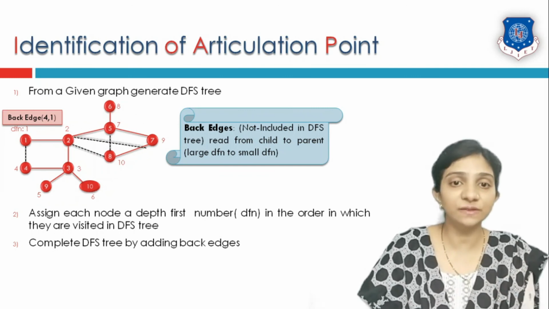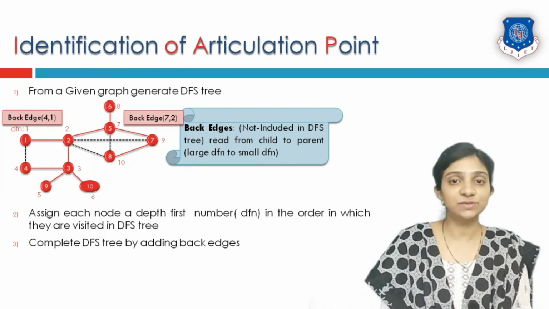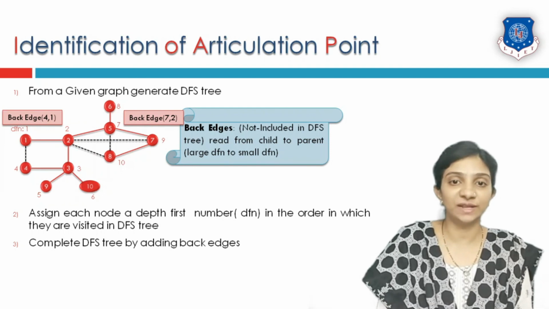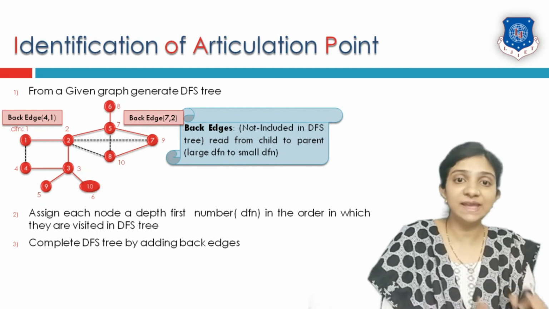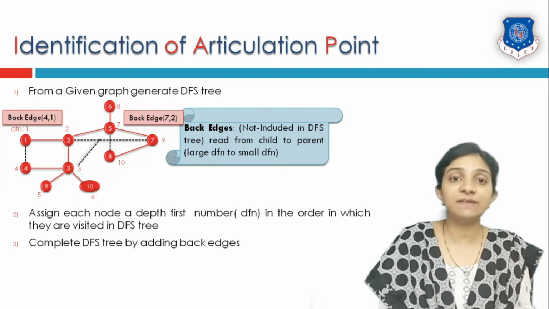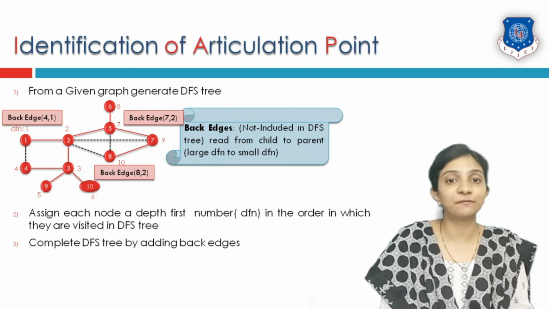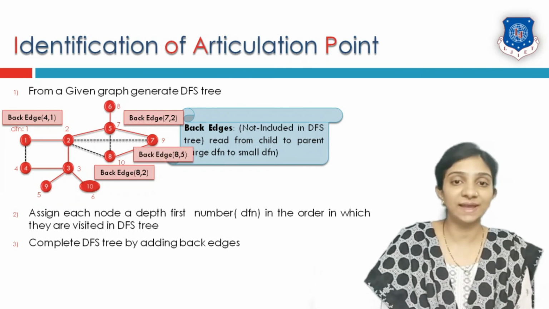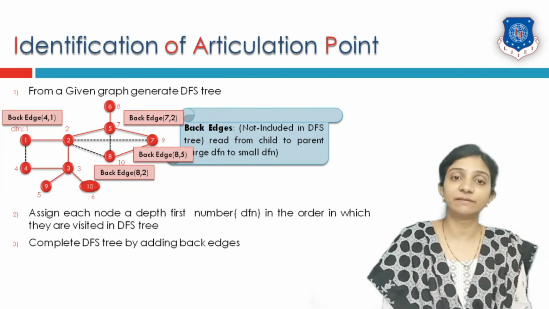Or consider this particular edge. This edge will be read from vertex 7 to 2 because the DFN of vertex 7 is larger and the DFN of vertex 2 is smaller. Similarly, this back edge will be read from 8, 2. And the last back edge is read as 8, 5.